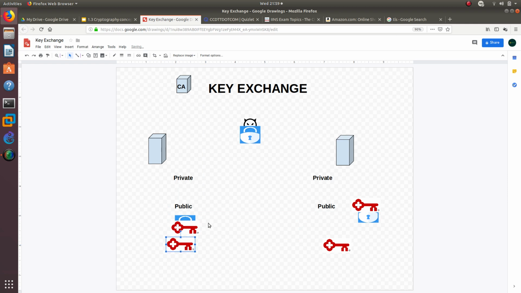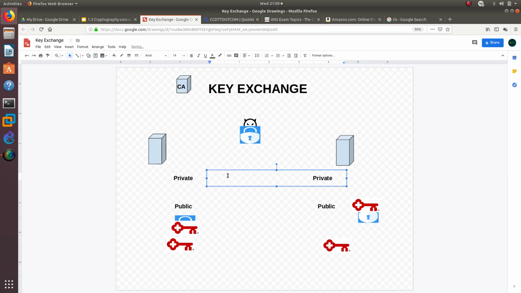So what I'm trying to say, if you did not understand that, is that for symmetric to work, we need to use asymmetric key exchange first. Okay, so that's what I mean. Let's see if I can write it right here.